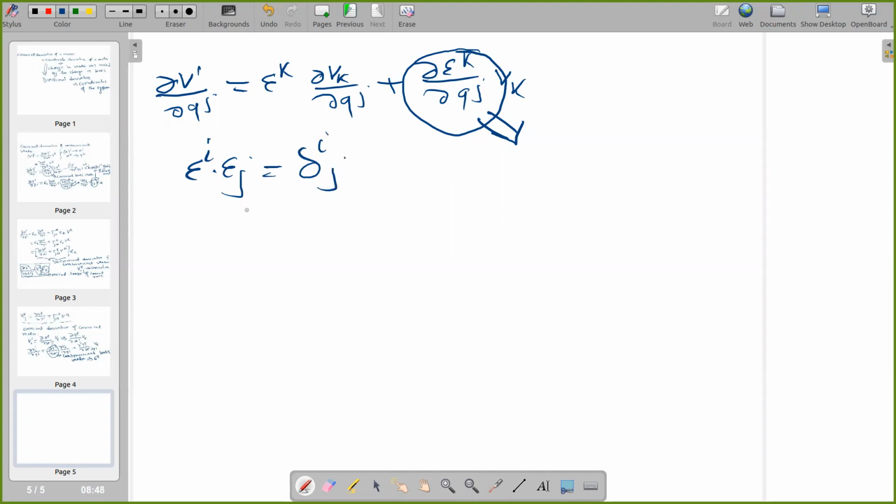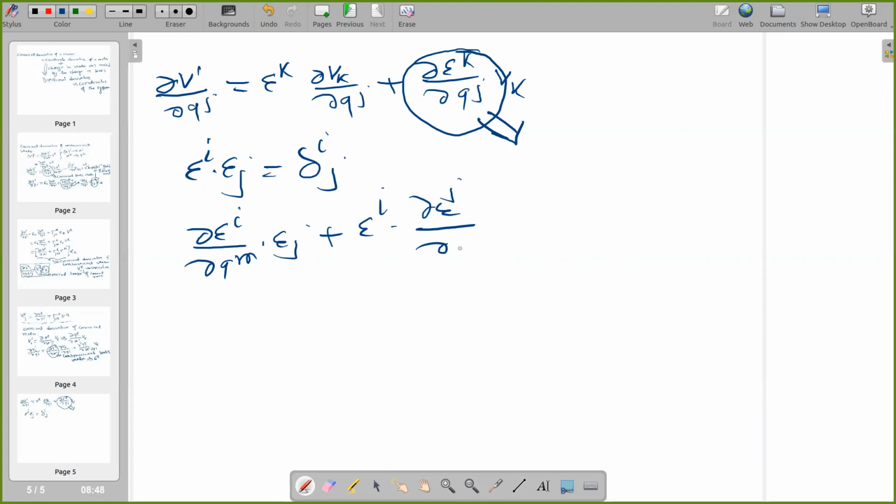Now we can differentiate this relation with respect to qm. Plus, 0. So delta ij, when differentiated, will be 0 because it has only two values, 0 and 1.